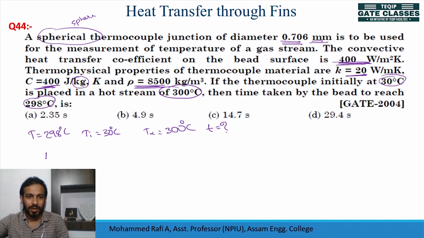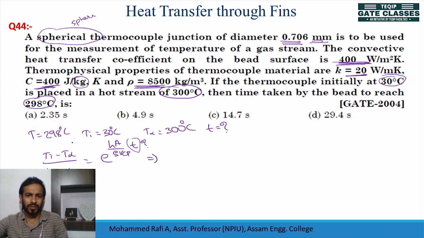Okay. So basically our equation is (Ti minus T infinity) divided by (T minus T infinity) equals e to the power HA by rho V Cp into t. The question is finding the time t. If I substitute all these values, Ti is 300, T is 298, T infinity is 30, into e to the power.